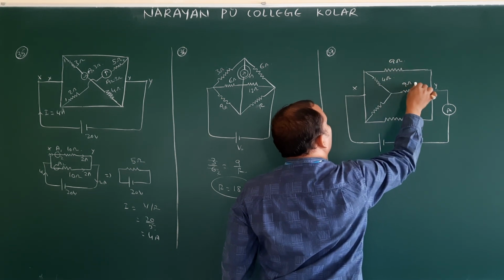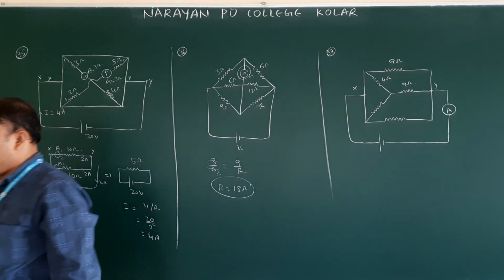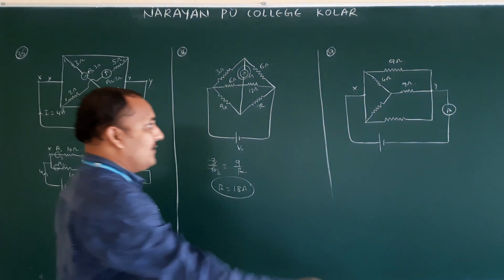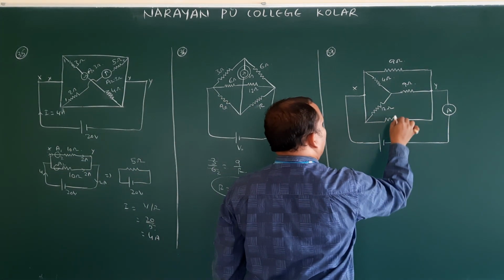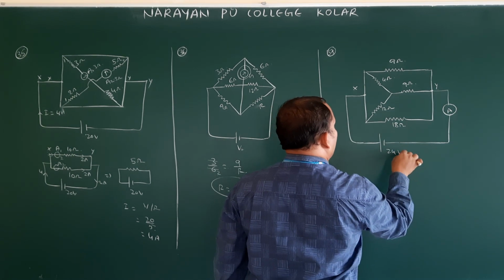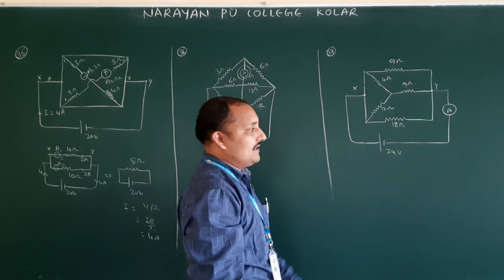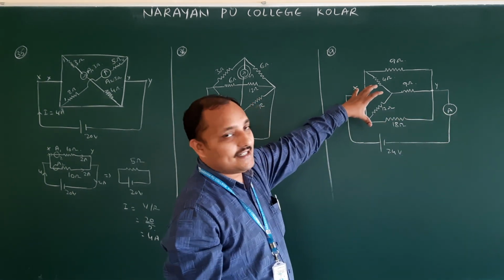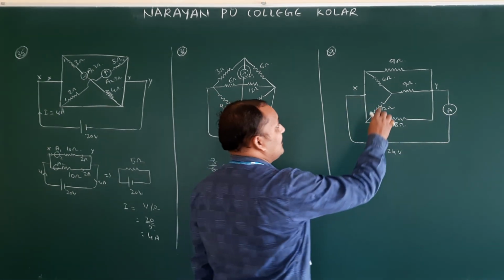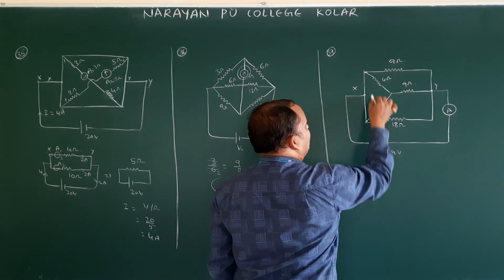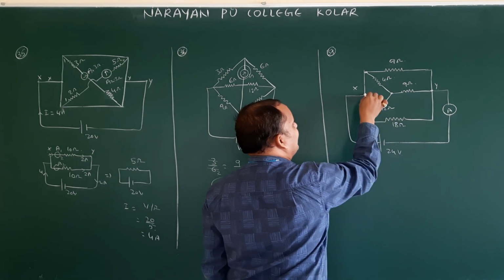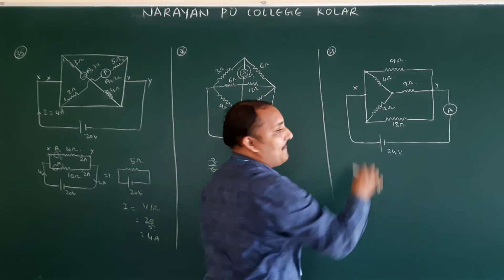What is the reading of the current? Either entering or leaving current, both will be the same. First we have to find the resultant resistance. First we take these two, 4 and 12. Both ends are connected together, therefore they are in parallel.